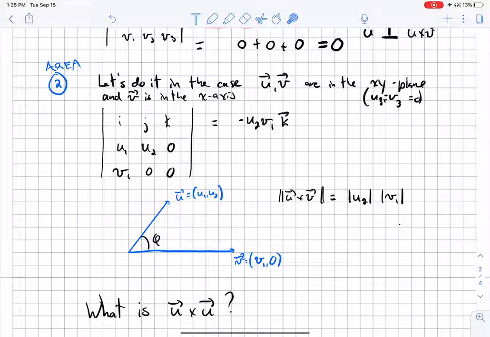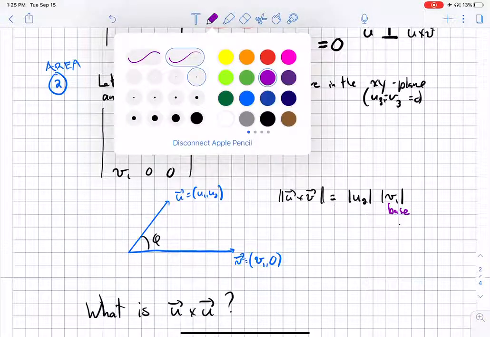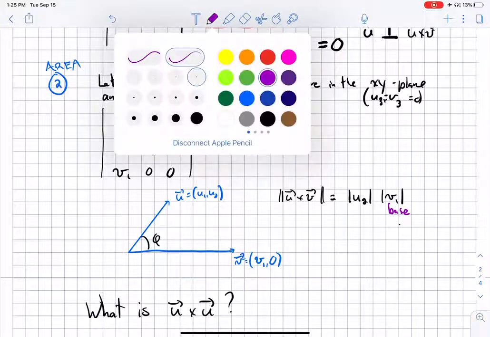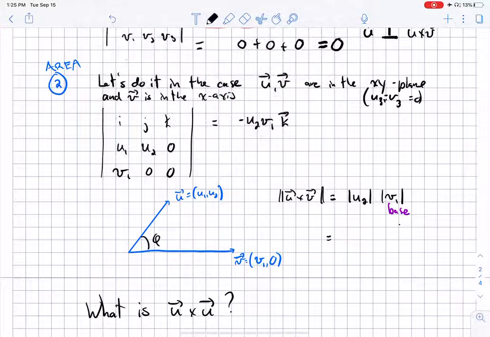Okay? I look at my triangle. V1 is the base. And if phi is the angle between U and V, U2 is simply the norm of U times sine phi, and V1 is also the norm of V, as I said.